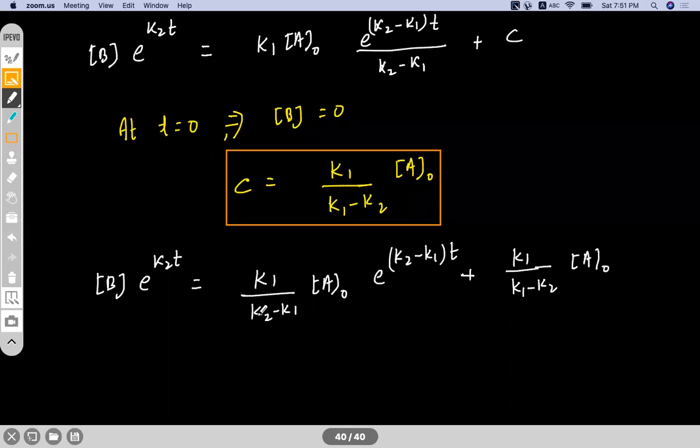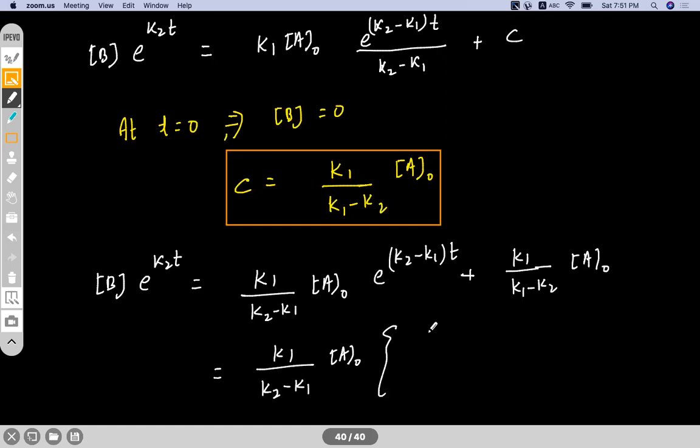Okay, here we have K2 minus K1 and K1 minus K2. So I'll take K1 by K2 minus K1 A0 as common. So it becomes e to the power K2 minus K1 into T minus 1. Fine.